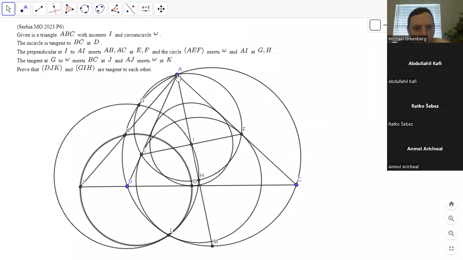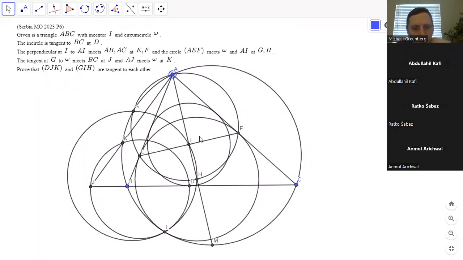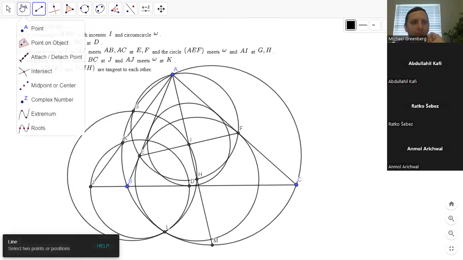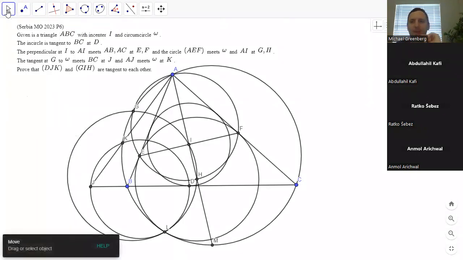Yeah, L should be the Miquel point of something. Four circles concur at L, right? Oh yeah, that's true.